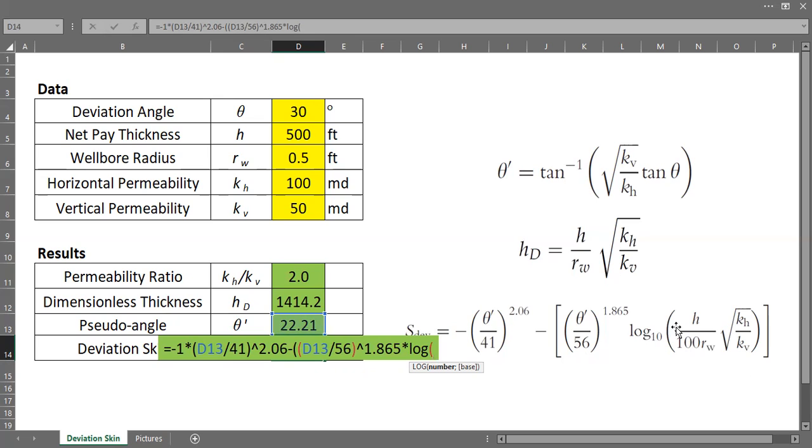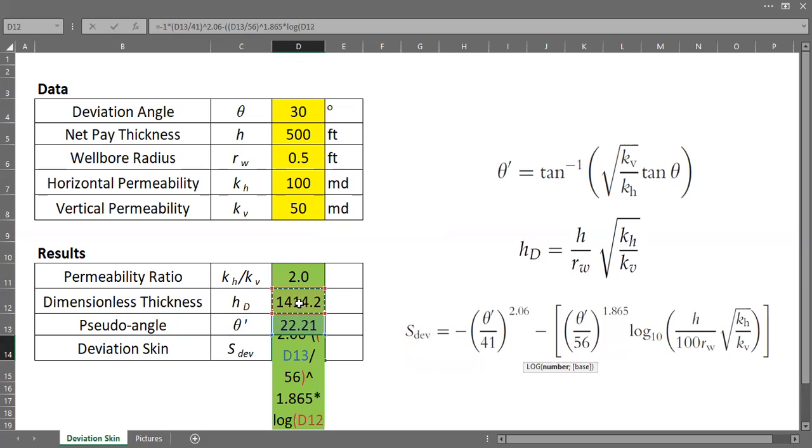Here we have H divided by RW for dimensionless thickness multiplied by the square root of permeability ratio. So I will use the logarithm of the dimensionless thickness divided by 100. I will close. All right, and then I will close it once again. Enter. All right, so the deviation skin is minus 0.5.